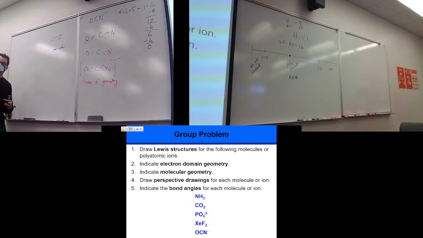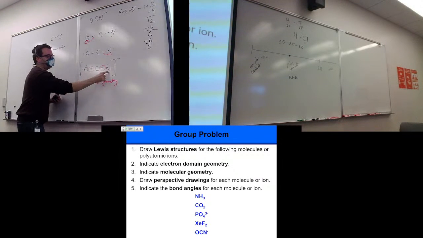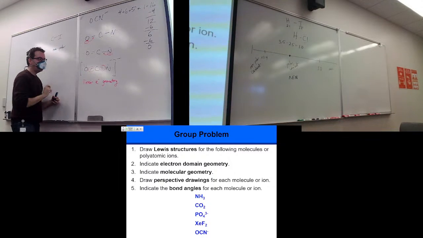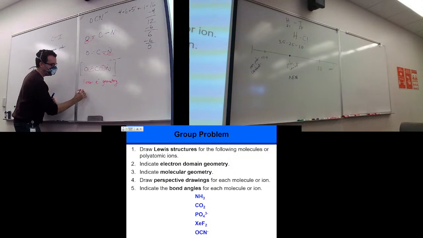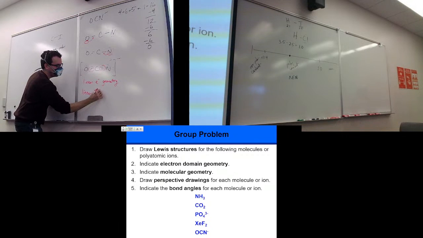Then you have to look at the molecular geometry. So now we don't ignore the electrons, but we don't see electrons. We're going to see the atoms attached. In this case, there are atoms on both sides, and so the molecular geometry is also going to be linear.